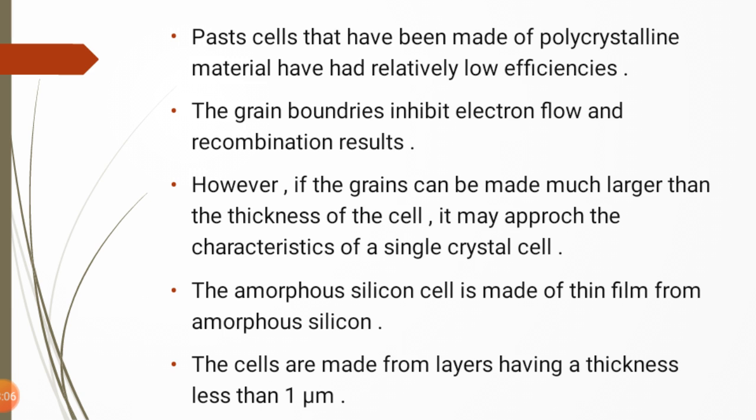The amorphous silicon solar cell is made of thin film from the amorphous silicon. We know that amorphous silicon and crystalline silicon are the two types of silicon, and the amorphous silicon is used for the formation of the thin film, and this thin film material is used for the construction of the solar cell, and this solar cell is known as the amorphous silicon solar cell.